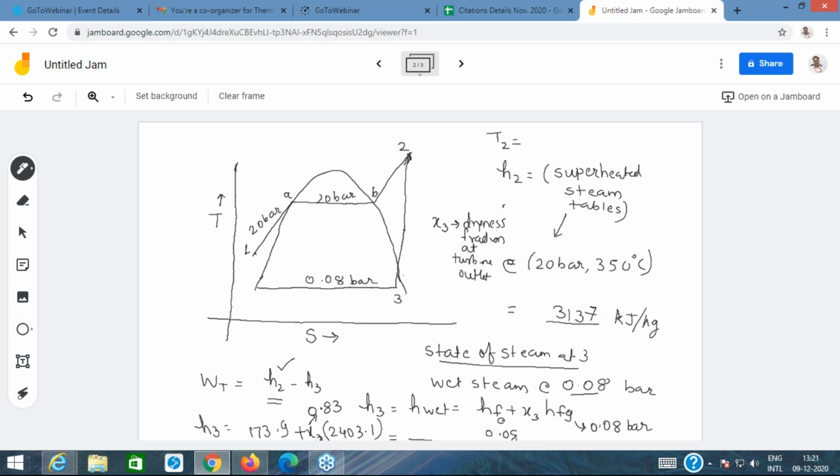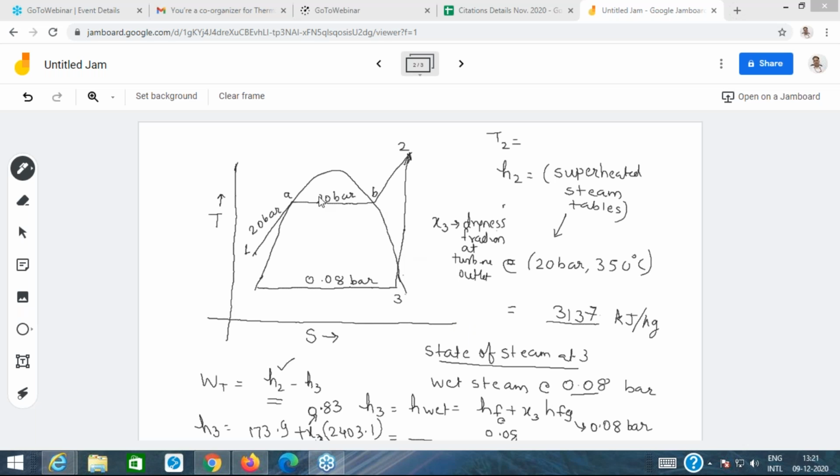Pranav, tell me the value of H3. X3 value is 0.83, so substitute the value of X3 as 0.83 and get the value of enthalpy H3.